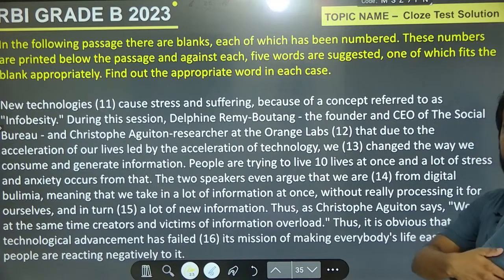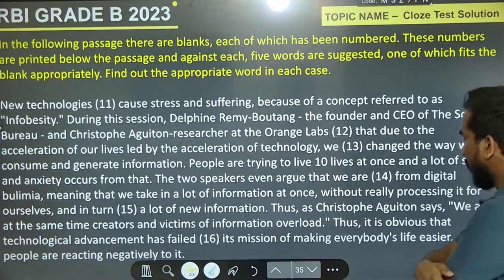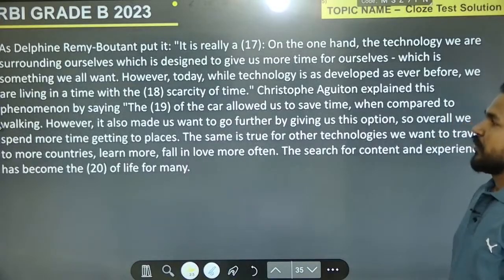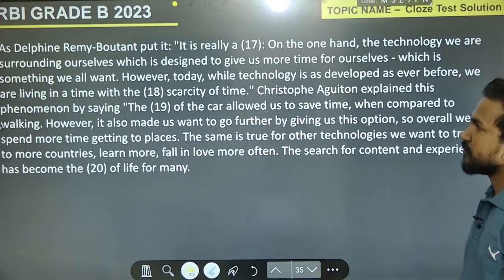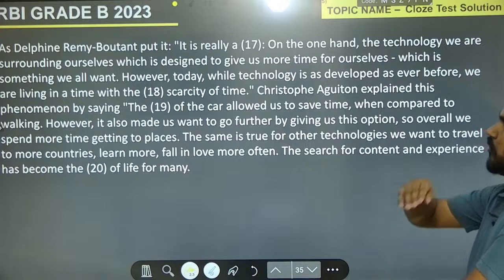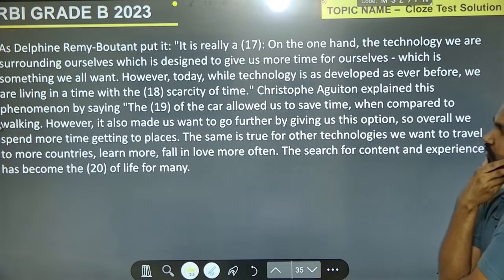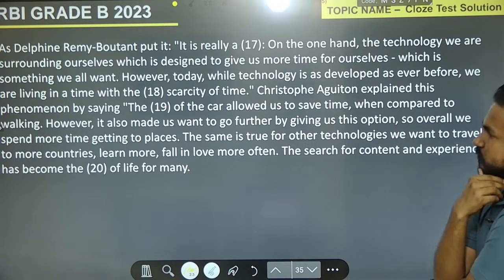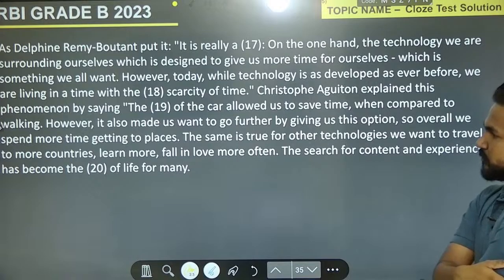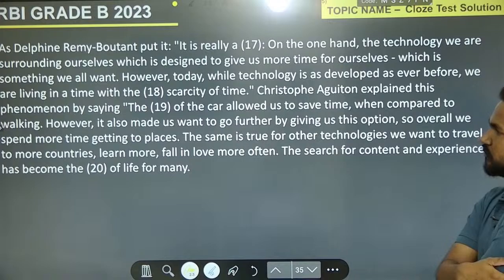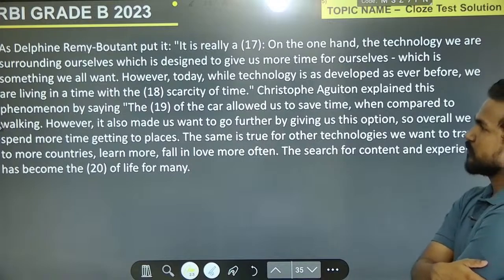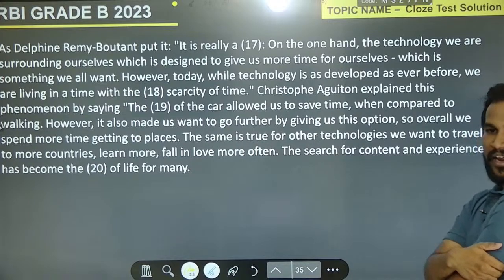Go for it. Yeah, perfect one. Now the second one is Delphine Remy Bautent. That is the CEO actually. Go for the second slide.